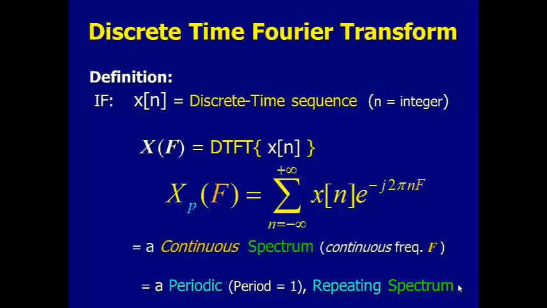And it's a continuous spectrum, meaning it's defined at all values of capital F. It's not a discrete spectrum with sample values. It has values everywhere at all frequencies. That makes it not very useful for doing computation with computers. This is not the thing you want to use for digital signal processing, but it's the correct transform for a discrete time signal. So this is the DTFT.